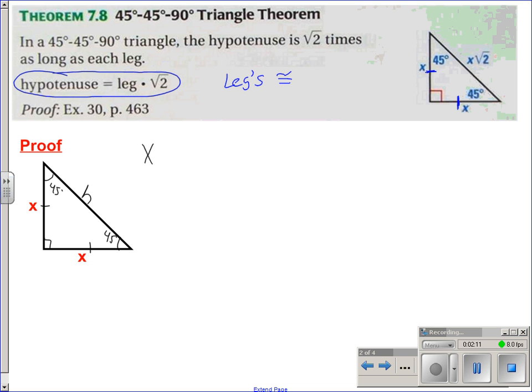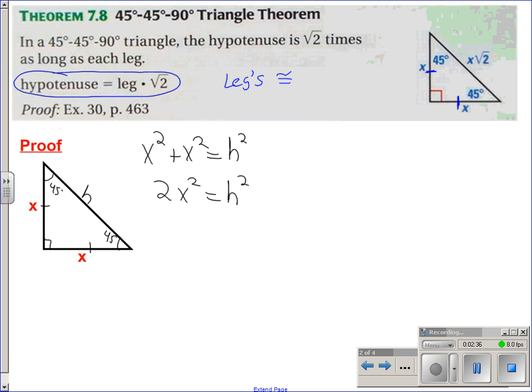I want to know what's the connection between x, one of the side lengths of the legs, and the hypotenuse h. We have a right triangle, so Pythagorean theorem always works. x squared plus x squared will equal the length of the hypotenuse squared. x squared plus x squared is 2x squared, which still equals h squared.